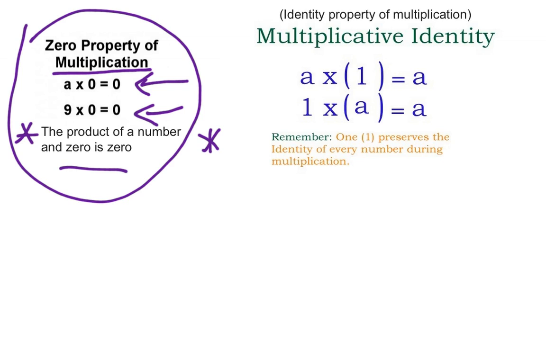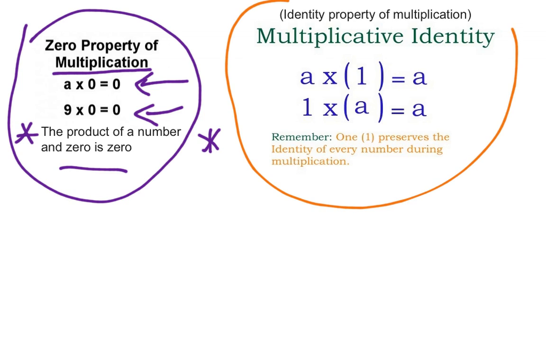The second property I want you to copy down is the multiplicative identity property, or the identity property of multiplication, which is covered over here. The identity property of multiplication involves the multiplicative identity of 1. It says that anytime you multiply a number and 1, the number 1 preserves the identity of that number, and it remains the same.